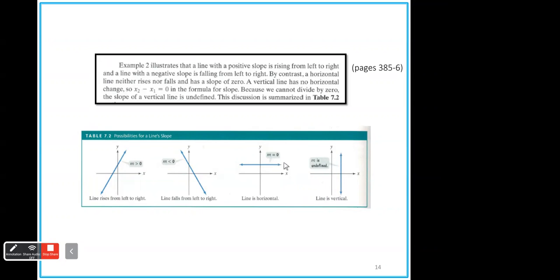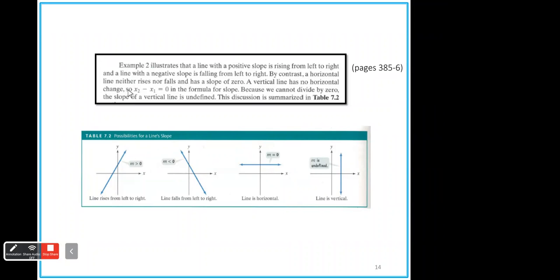And then for a horizontal line, the slope is 0. Okay, so you'll see the explanation here. Example 2 illustrates that a line with a positive slope is rising from left to right, and a line with a negative slope is falling from left to right. By contrast, a horizontal line neither rises nor falls and has a slope of 0, which is what we show here.